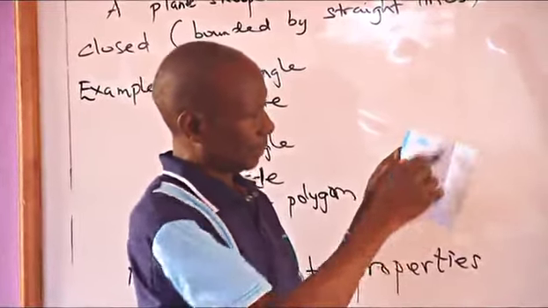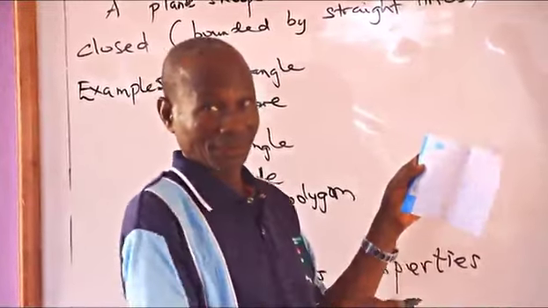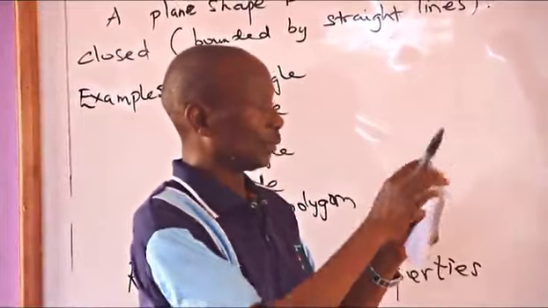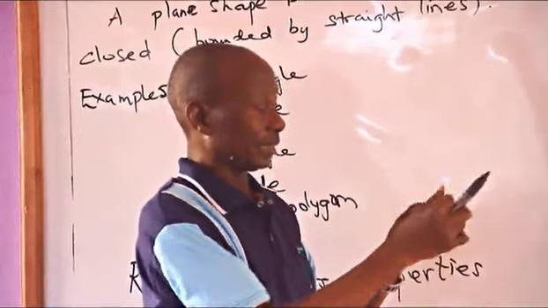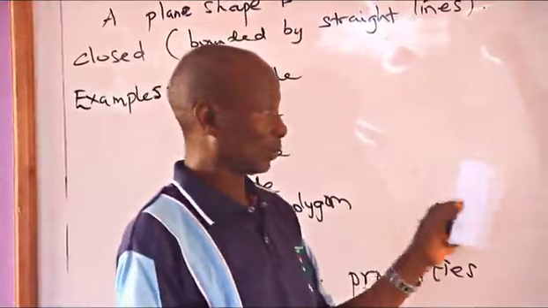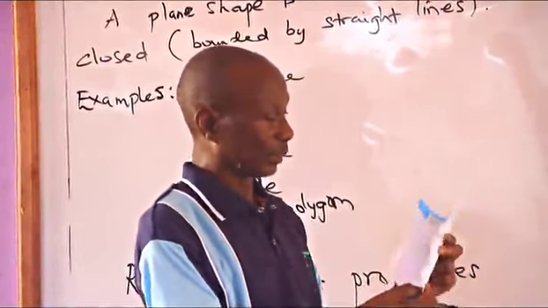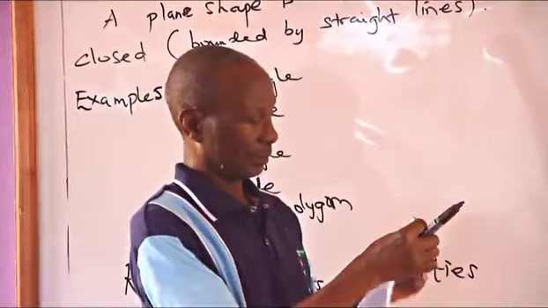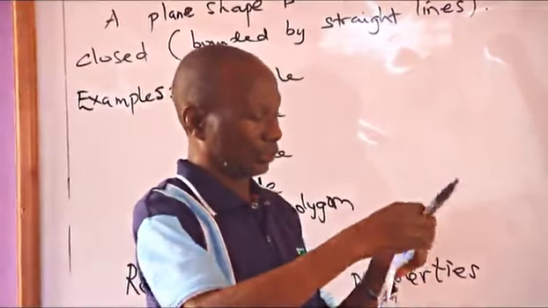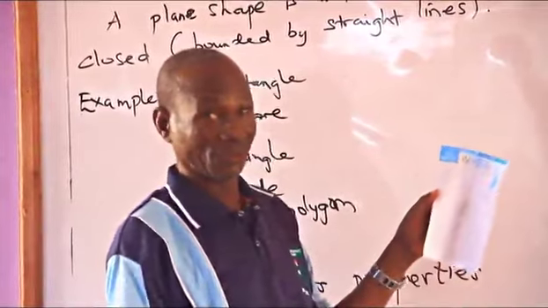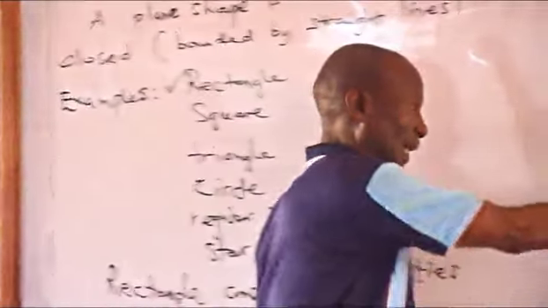This line is a line of symmetry, because it makes the rectangle fold and match one another as equal halves. That is one. Two, you can fold it this way. It can be folded in this way too. This line is another line of symmetry. That's why I say it has two lines of symmetry.